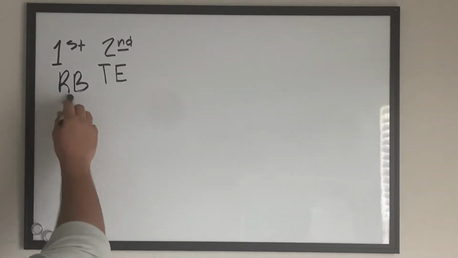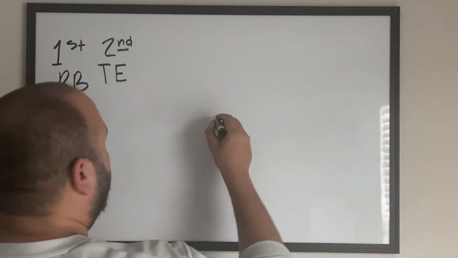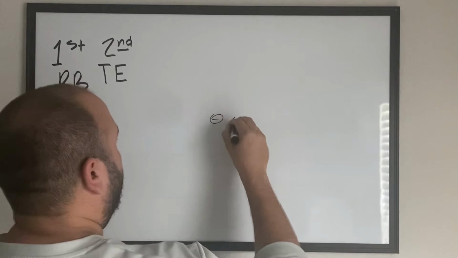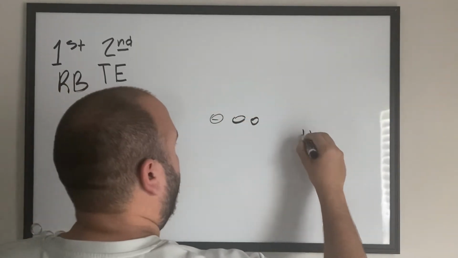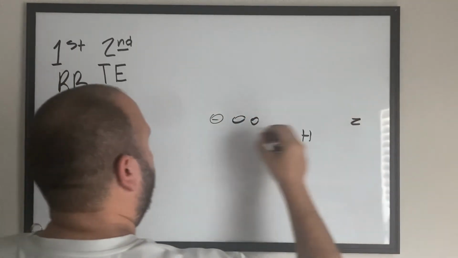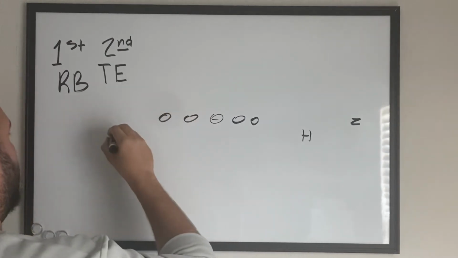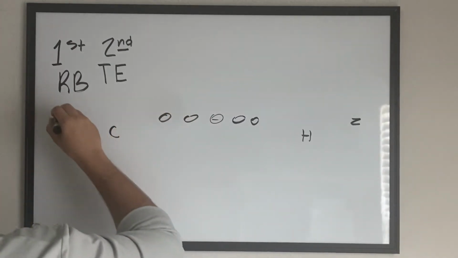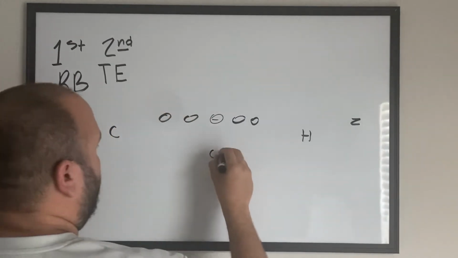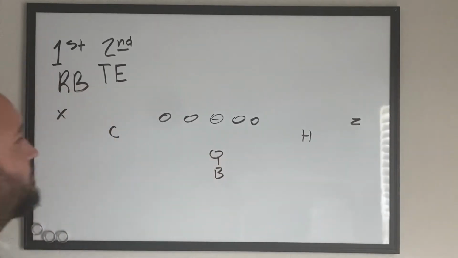So say I'm in 10 personnel, 1 running back, 0 tight ends. Base formation was spread. So if I don't call anything and we're in 10 personnel, we're going to be in doubles.